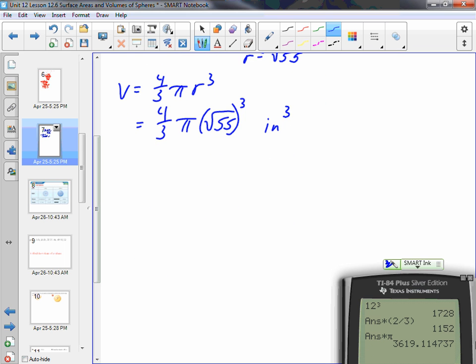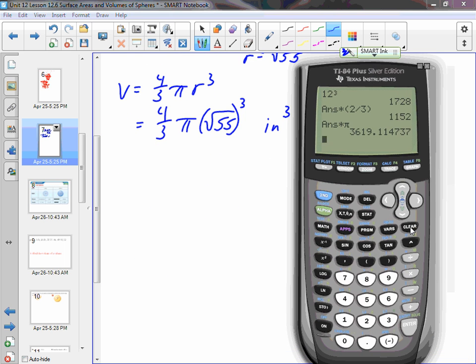Let's see what the decimal is. So that'll be parentheses, 4/3 times pi times the square root of 55 cubed. Punch that in right, 4/3 pi square root of 55 cubed looks right to me.